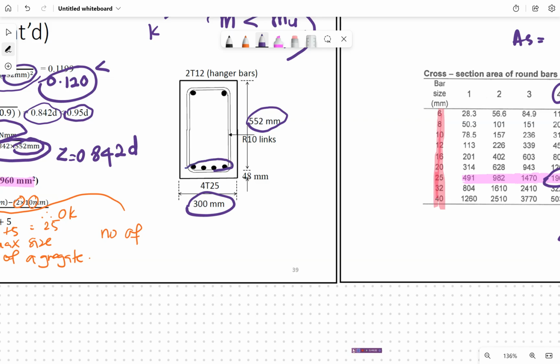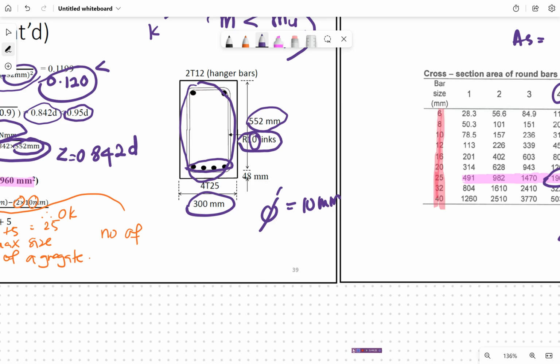You have link, which it is R10 link. R here referring to mild steel tadi. Dia dah bagi tahu FY untuk link adalah 250. So kita tahu dia mild steel, so R. And 10 ni 10 mm diameter given the diameter prime tadi 10 mm. So 10 tu refer to diameter dia, right?